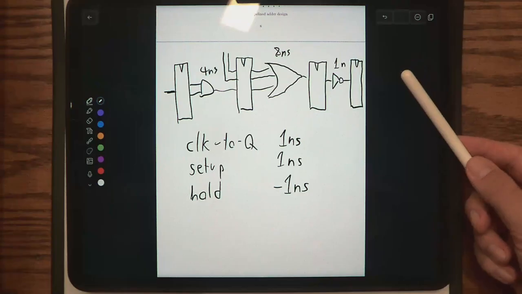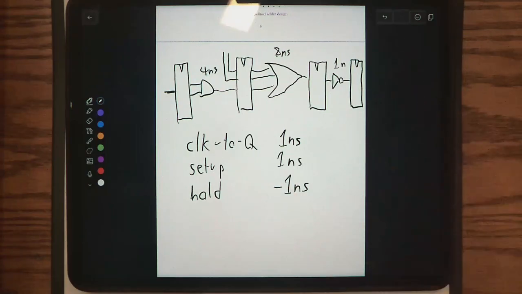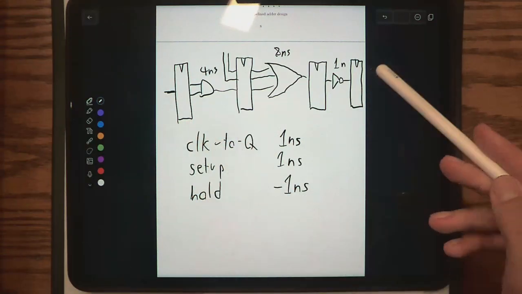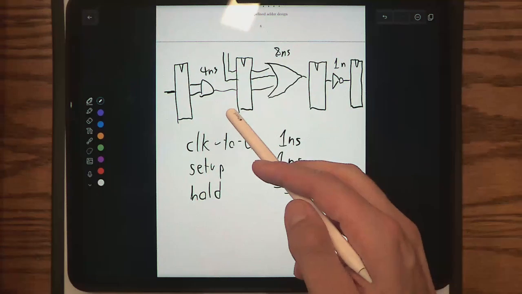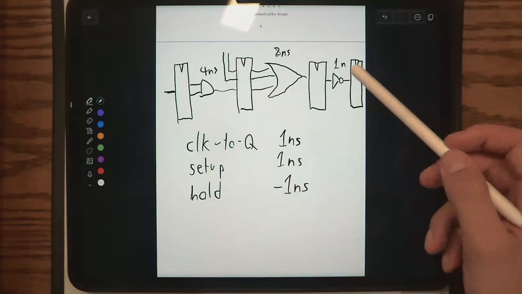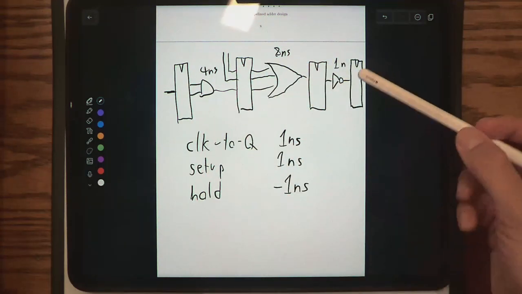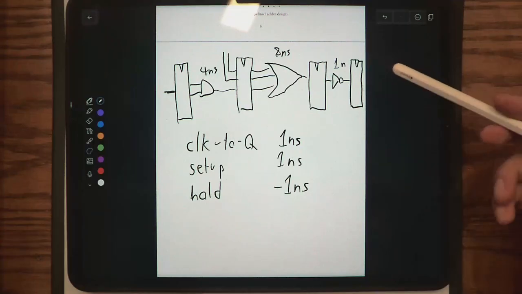But our clock frequency is still pretty fast. Our clock frequency is now 100 megahertz, for a 10 nanosecond clock period.